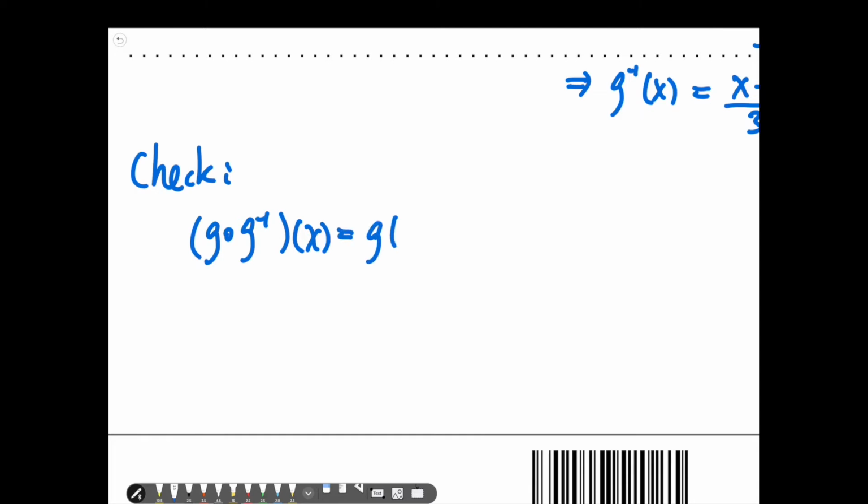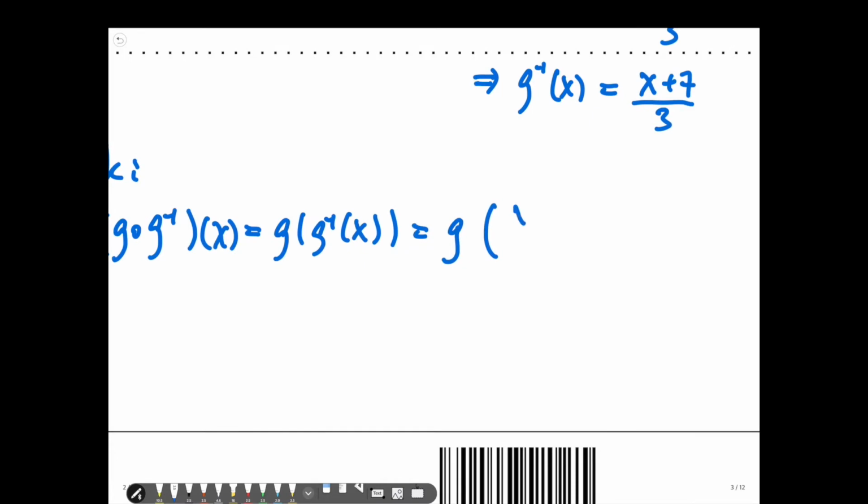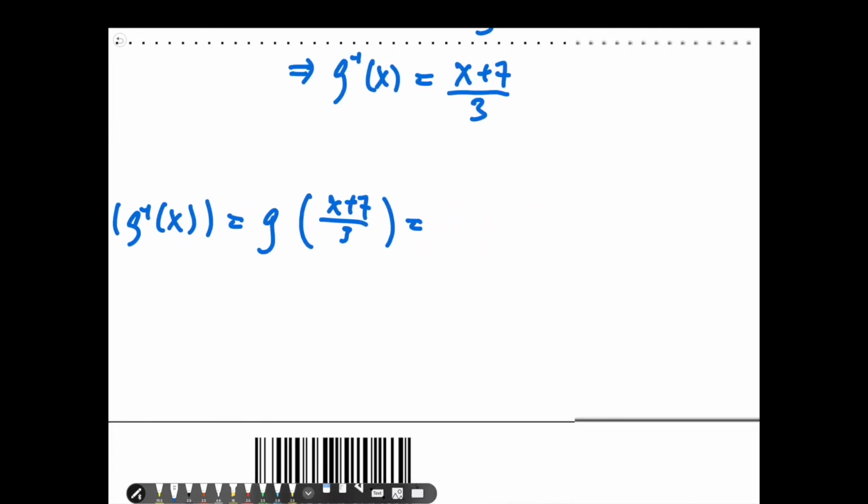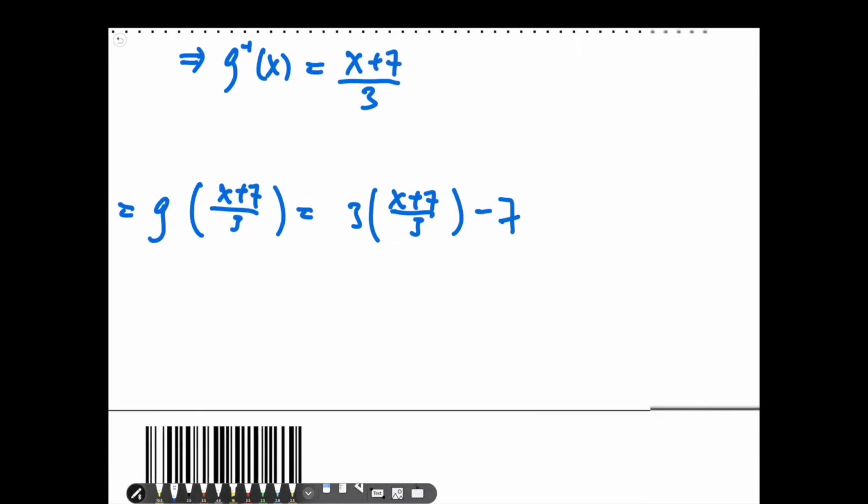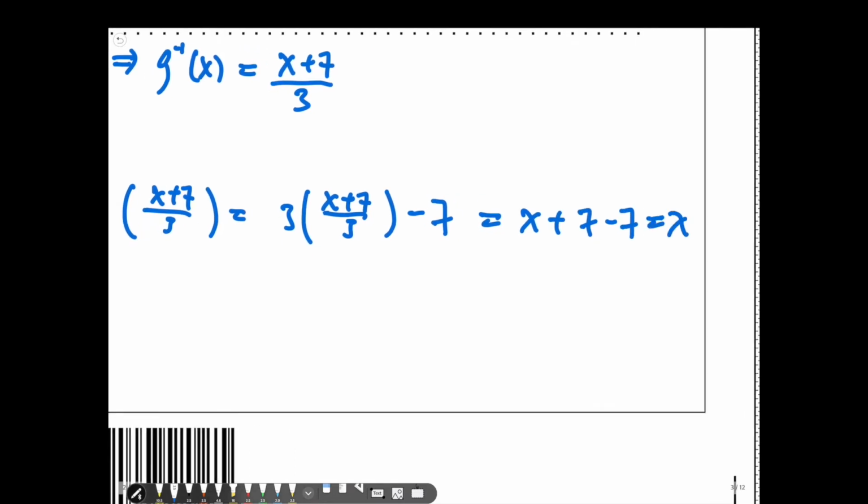So that is the function, and now just copy the inverse function here. Then we have 3 times x plus 7 over 3, minus 7. And then that is just x plus 7 minus 7, so that is x.